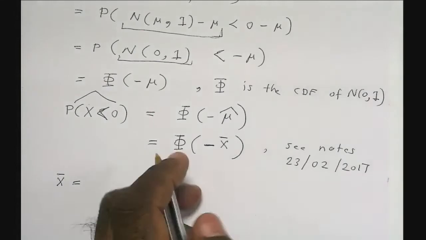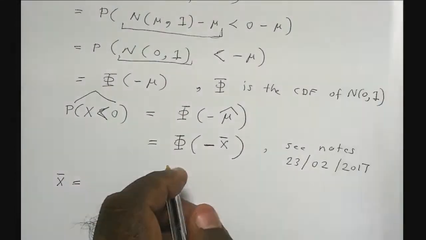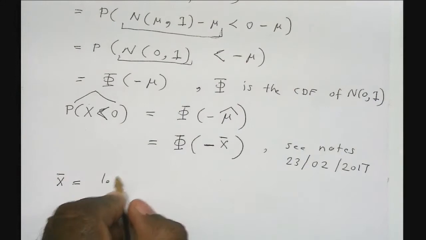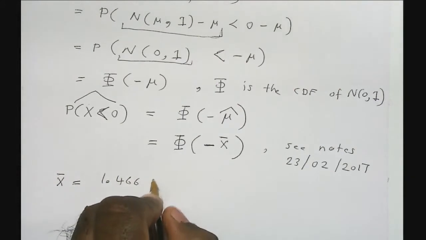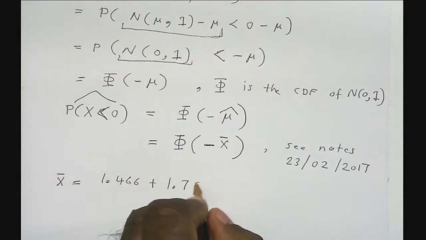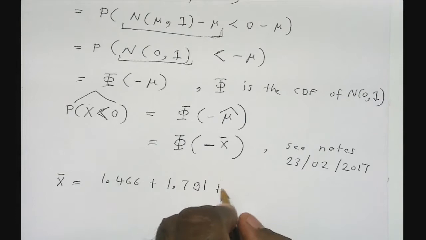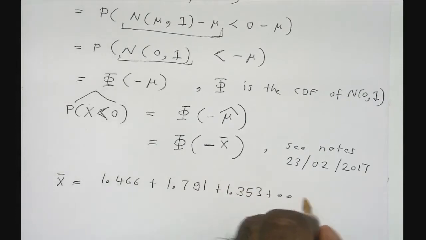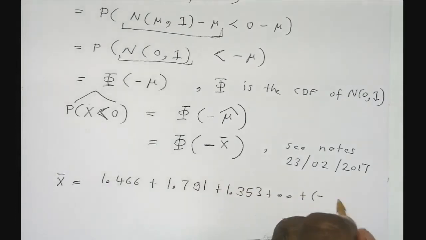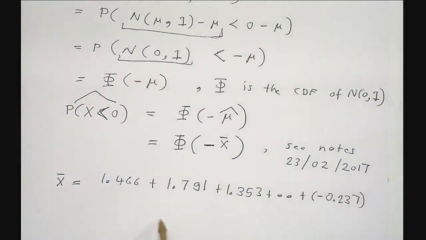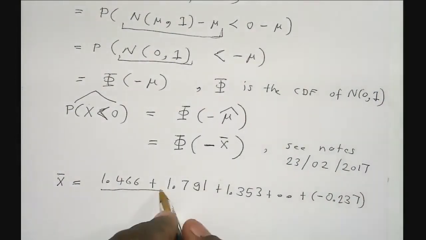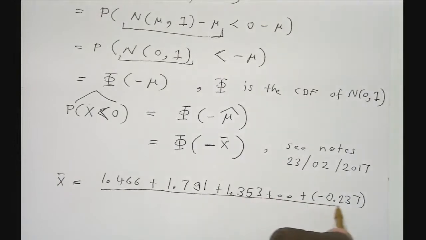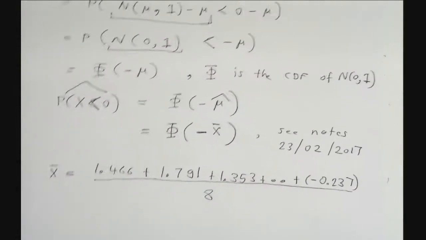So it will be 1.466 plus 1.791 plus 1.353, up to the last one, which will be minus 0.237, and divide all these numbers by 8. 8 is the number of observations.